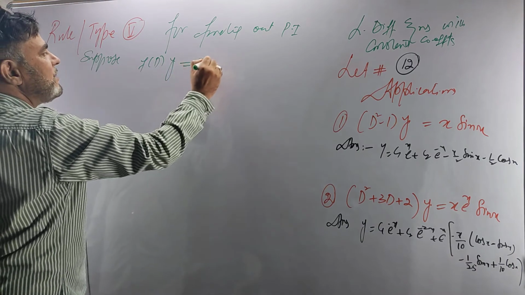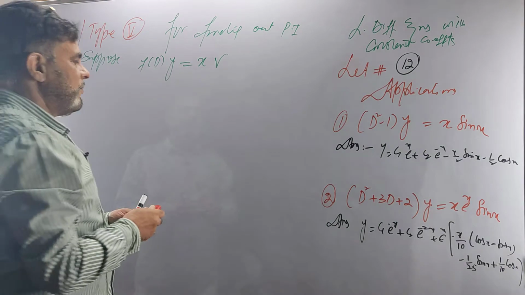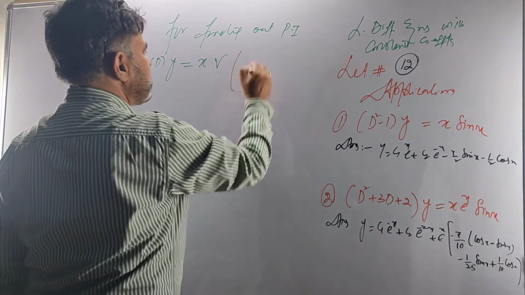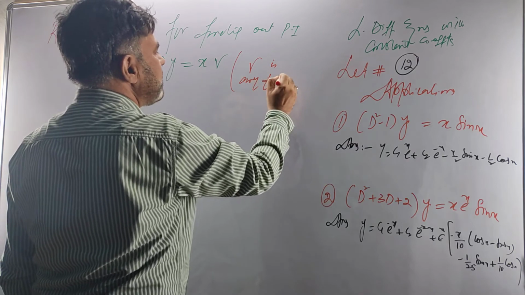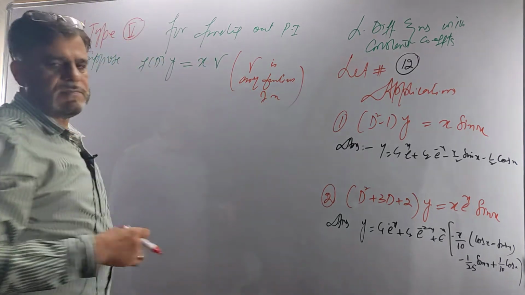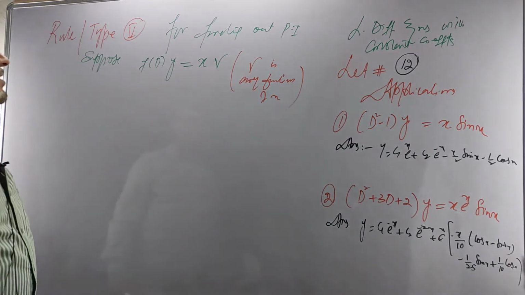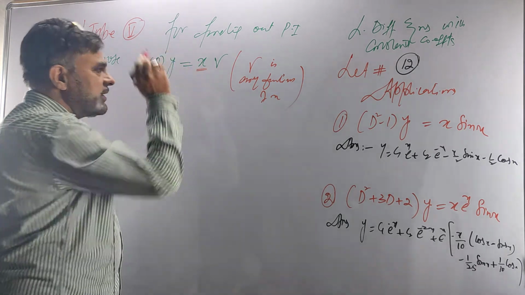It is xv. What is this v? Where v is any function of x. It may be sine x, it may be cos x, it may be some other function, but it is very important that this x should be here linear.